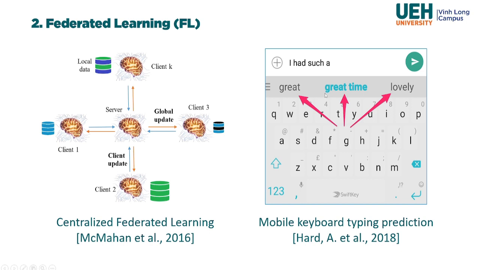For example, when you text somebody in Zalo or Messenger or Viber, you type a sentence, for example, I had such a, and then the keyboard suggests some next words. For example, I had a great, or I had such a great time, or I had such a lovely, for example. I believe that most of us use it every day. And this application was based on federated learning.